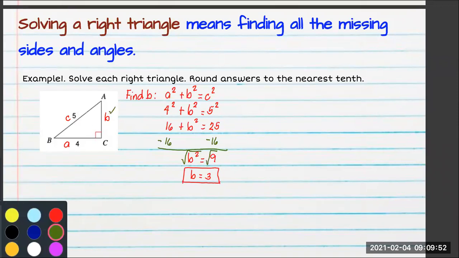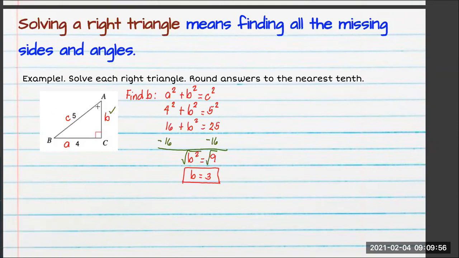Okay? Next, we want to find angle A. So let's find angle A. Now, since we all know the three sides, then you can use either the sine, cosine, or tangent, right?